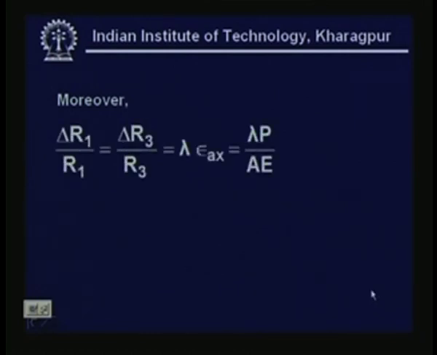and P, as you know, is the load basically, it is the load on the link. So, I can write delta R1 by R1 equal to delta R3 by R3 equal to lambda into epsilon AX equal to lambda P by AE. This is coming from our simple strain gauge formula.